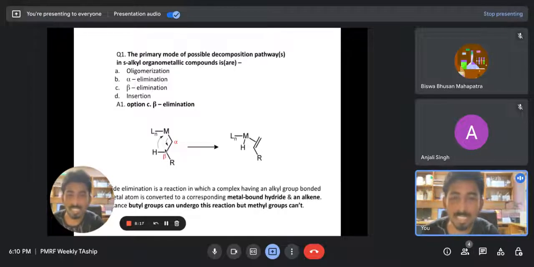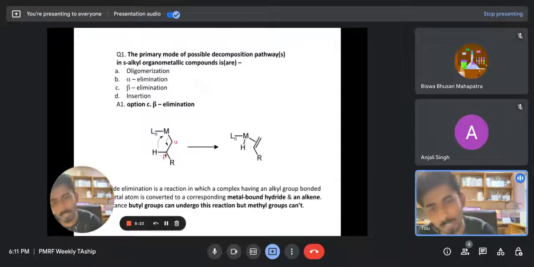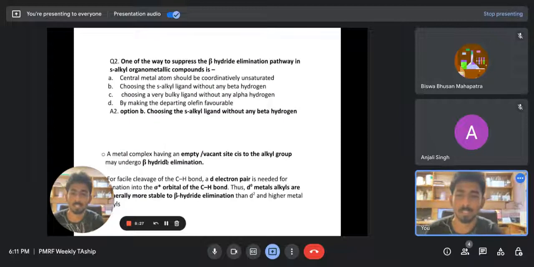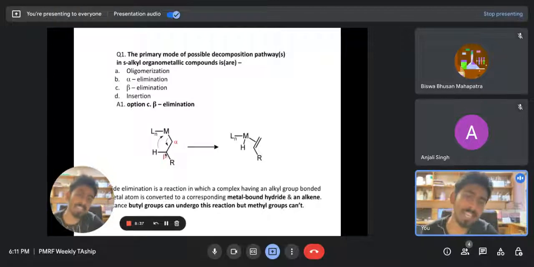So that is the first criteria. The second criteria will be the vacant or empty site should be there where this hydride of this alkyl group can come and interact with the metal atom. The second point is the facile cleavage of the CH bond. So a d electron pair is needed because you see in the first step this is a CH bond. The CH bond is comprised of the sigma HOMO and the sigma star LUMO.